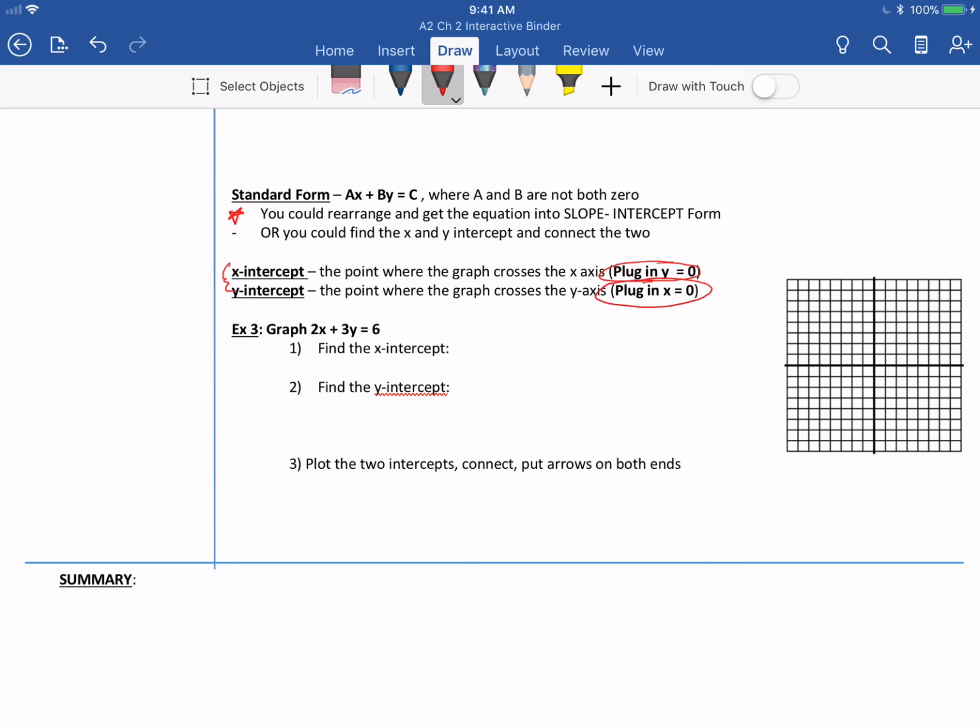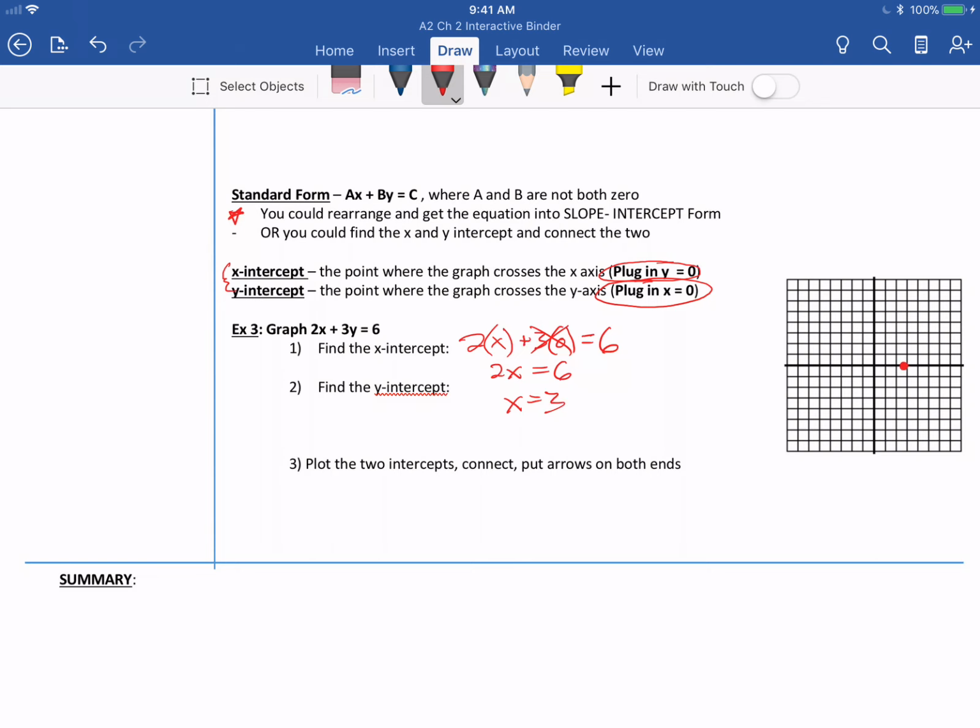If I find, for the first one, my x-intercept, I have 2 times x plus 3 times 0 is equal to 6. Notice here that this whole thing cancels out. That turns into 0, so it's just 2x equals 6. So it's x equals 3 is my x-intercept, so that's my dot over there.